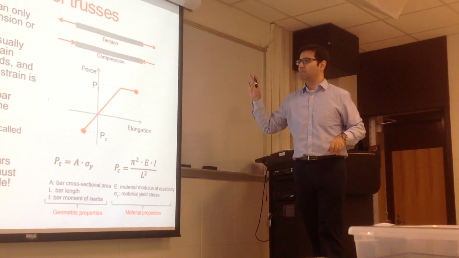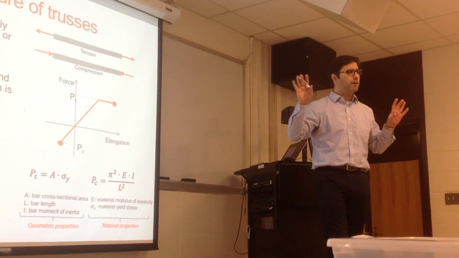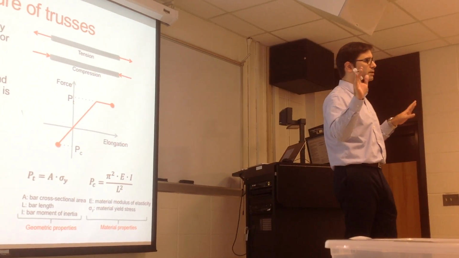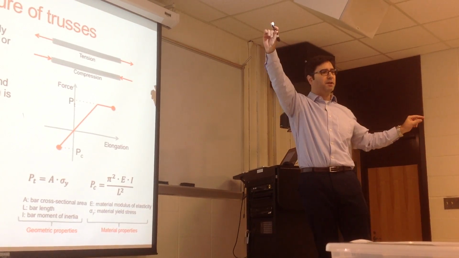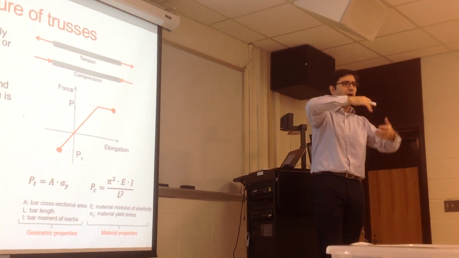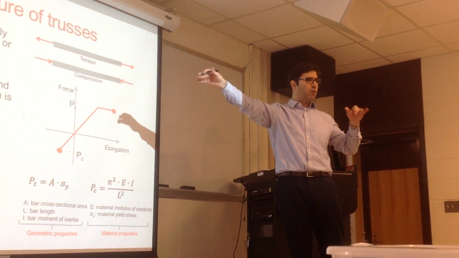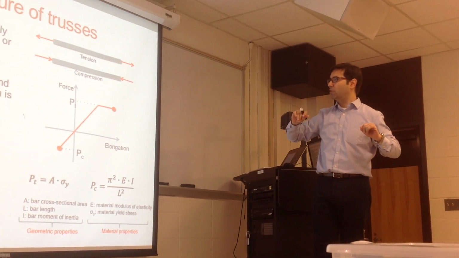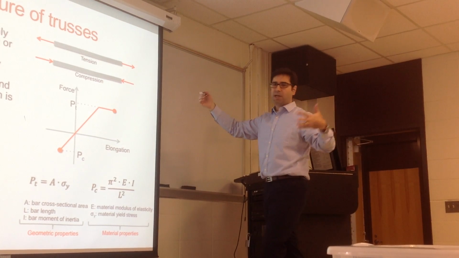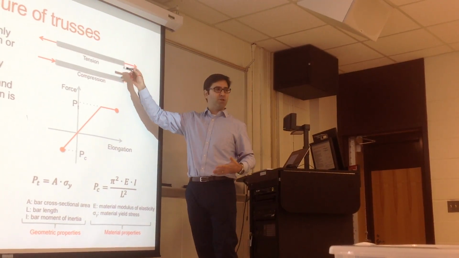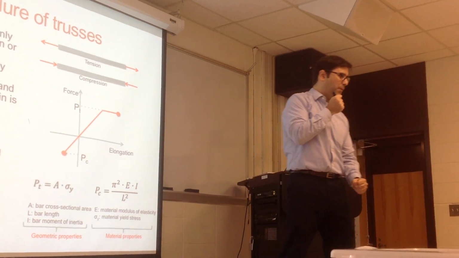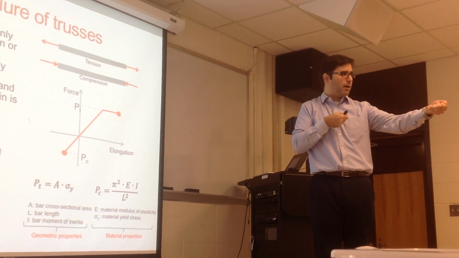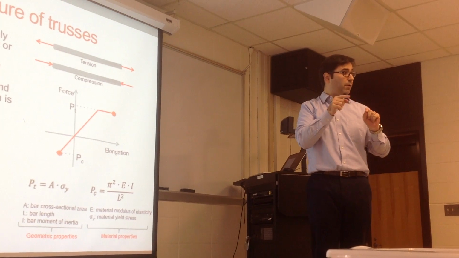What happens is that bars fail in a very different manner if they are under tension than if they are under compression. We are assuming these bars are slender, so it's not a really bulky bar, but really slender bars like the ones you saw in your drawings. The bars we discussed, to be in equilibrium, will be either under tension or compression. Now if we do an experiment and we start loading a bar, we start pulling a bar, it will take a lot of load, right?